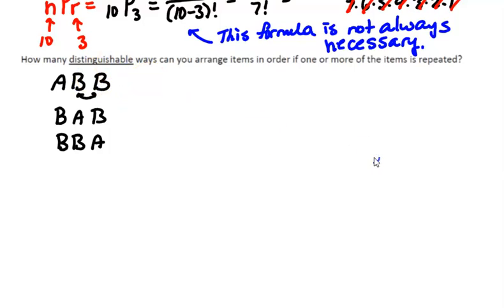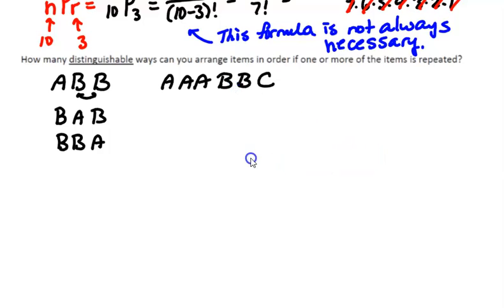So let's look at a more complicated example. Let's say we have A, A, A, B, B, C. How many different orders could I arrange this in? Obviously if I move the B's and the C's around and put them in different orders, there's a lot of different arrangements I could make. But just switching the A's around doesn't do anything, or just switching the B's doesn't do anything.